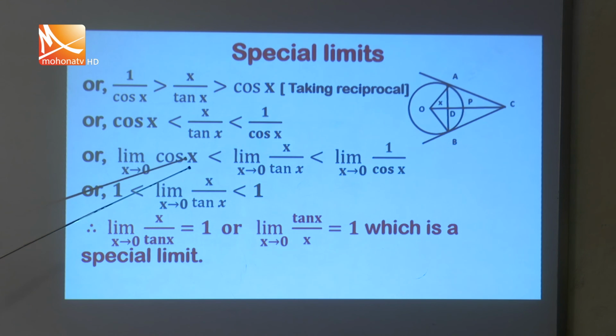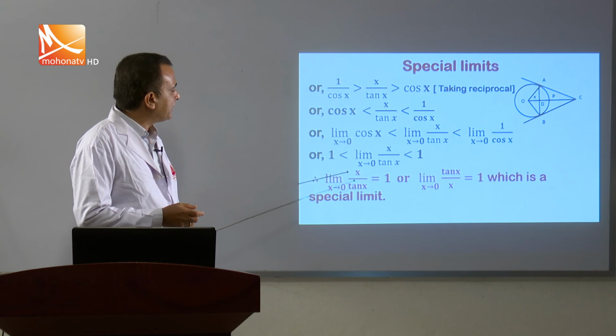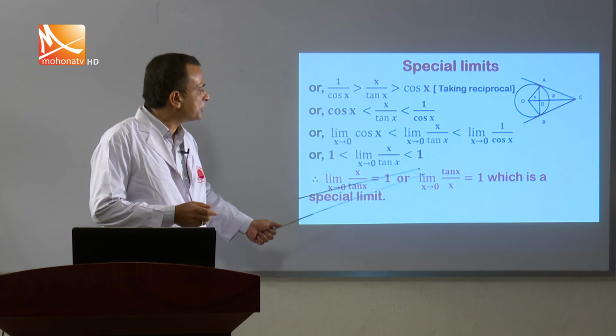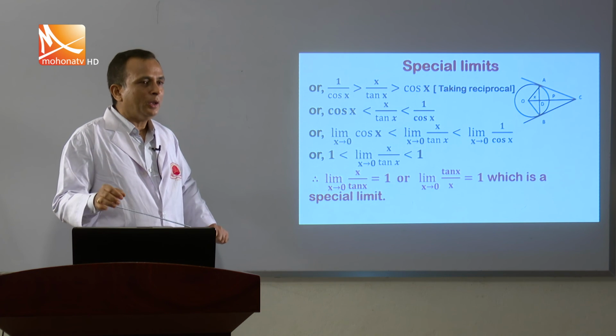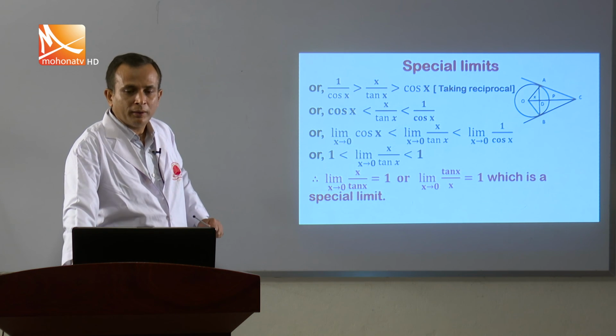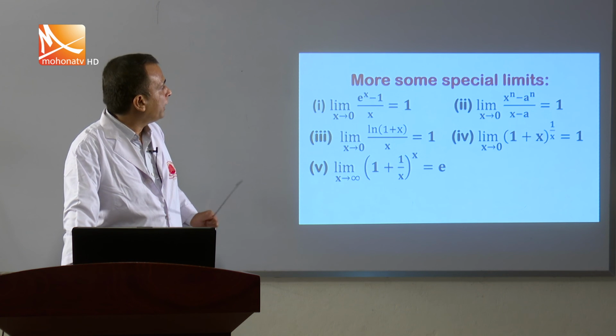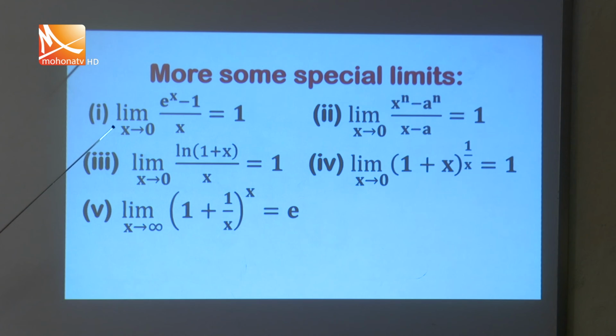So we can say, as before, limit x tends to 0 of x by tan x equals 1, or limit x tends to 0 of tan x by x equals 1, which is a special limit we also use as a formula.